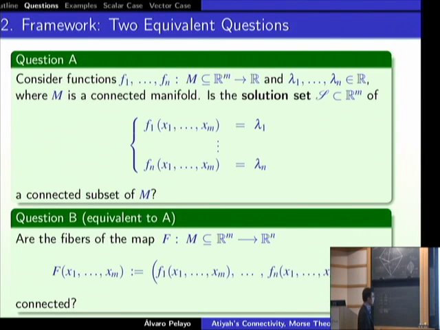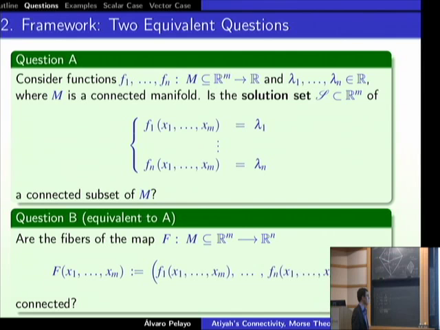Now you can ask the question in an equivalent way, which I prefer because in this equivalent way, we will see that some tools become more evident, that you can use some tools. So you can ask the equivalent question. Are the fibers of the map capital F, which you obtain by putting together the maps F1, F2, Fn, connected? If the fibers of this map are connected, then the solutions to this set are connected.